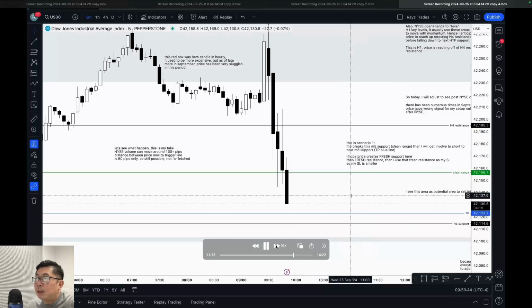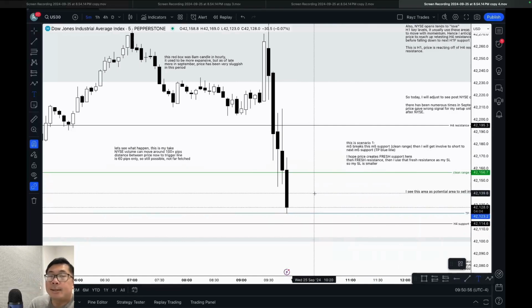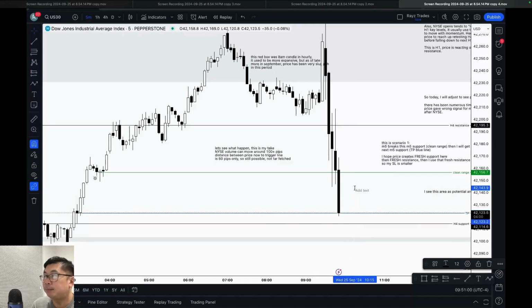I think this candle is the one. There you go. It has touched my take profit, and that means it's over for me. I have no trade for the day. So I wrote no trade today.